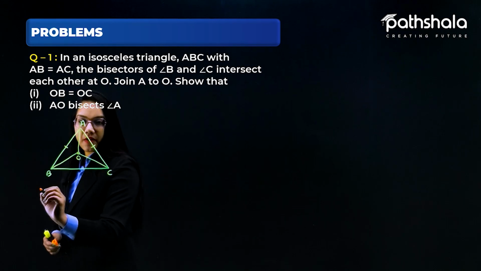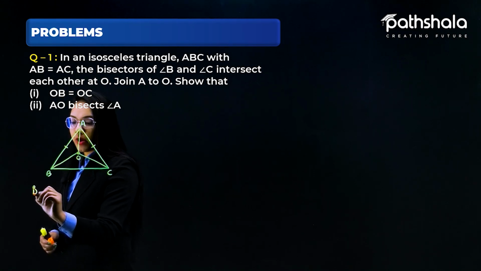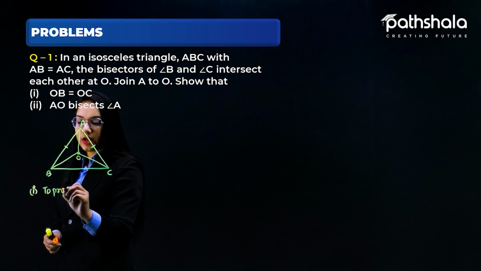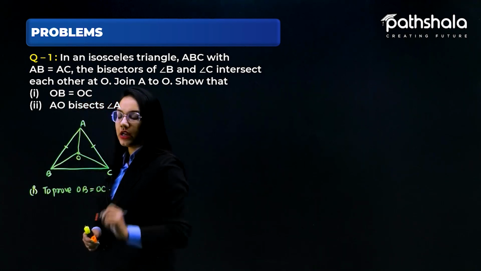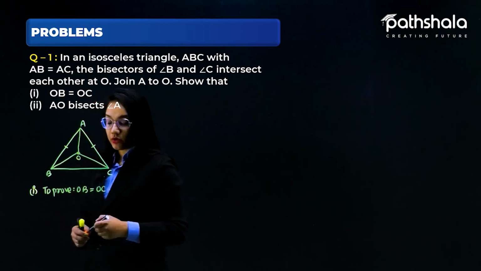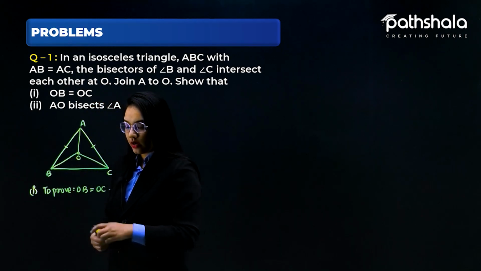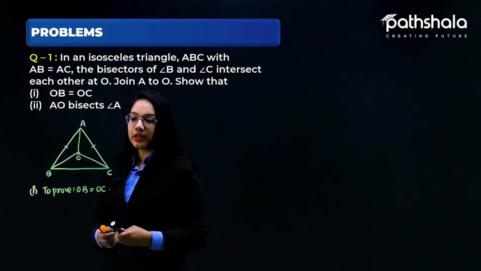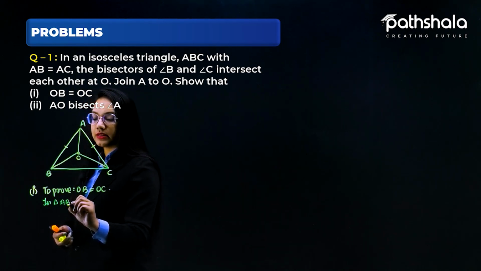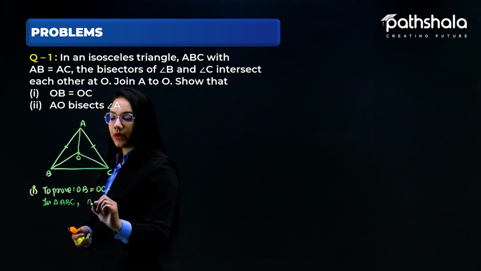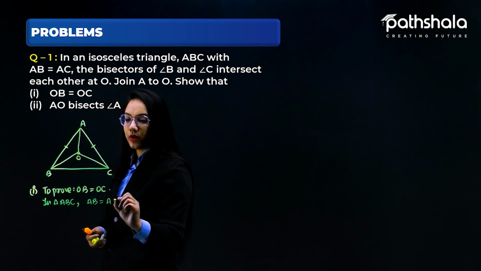Let us start with the very first part, in which we have to prove that OB is equal to OC. In the triangle ABC, we know that AB is equal to AC.